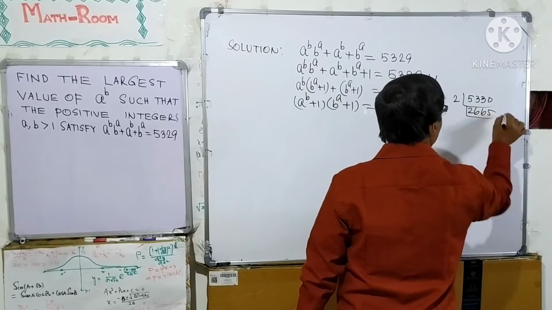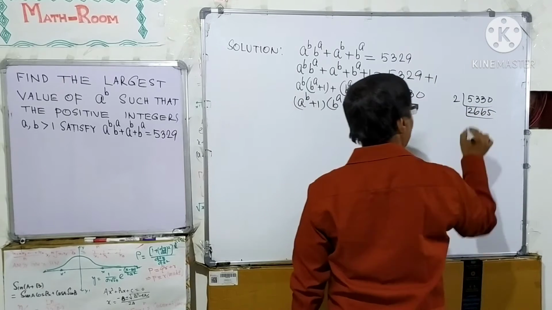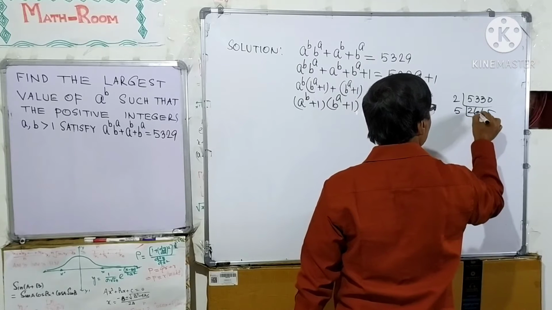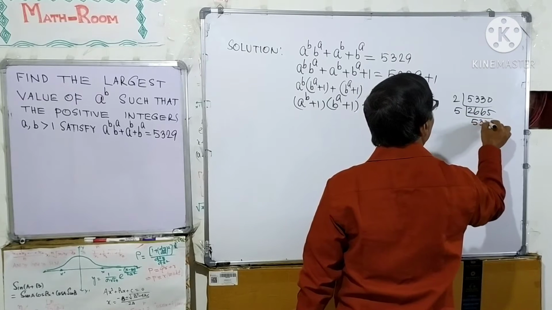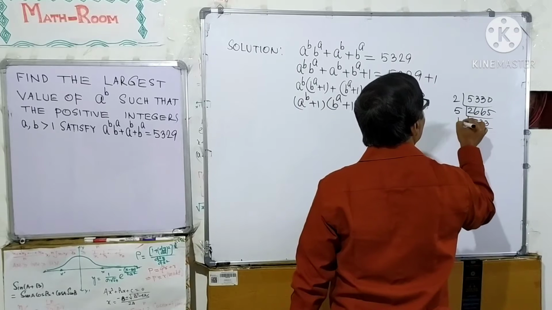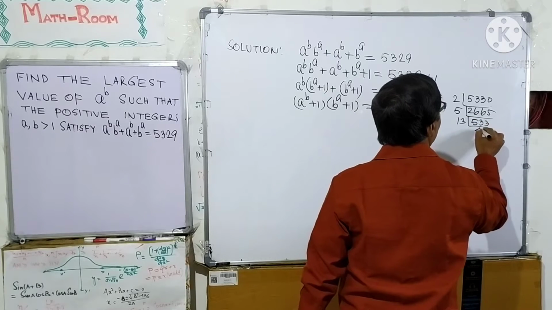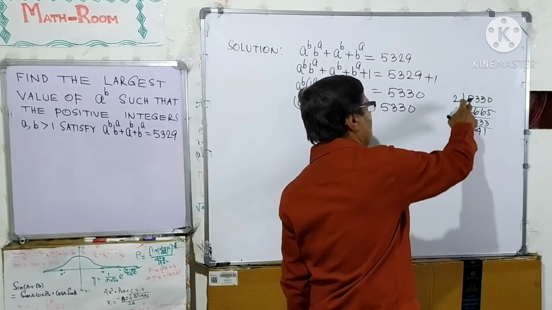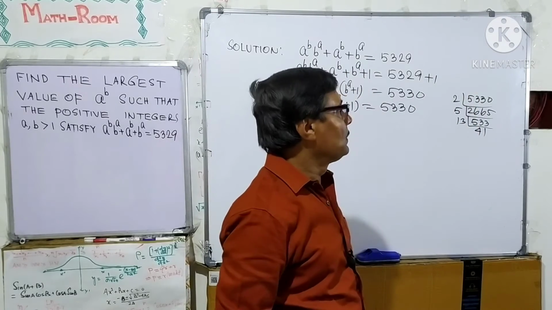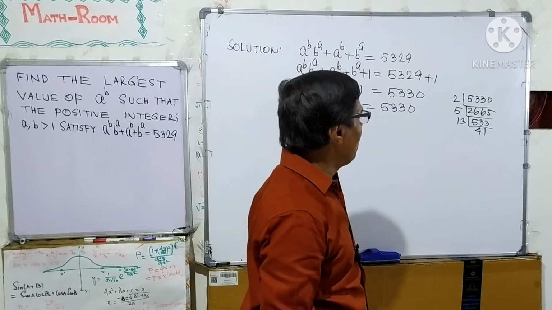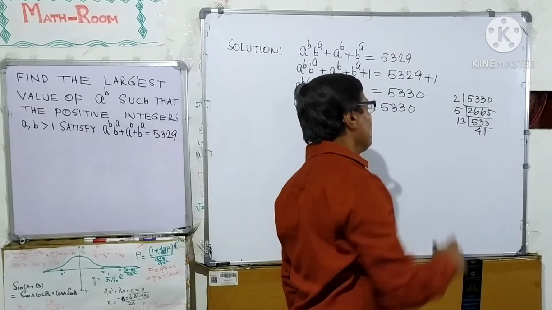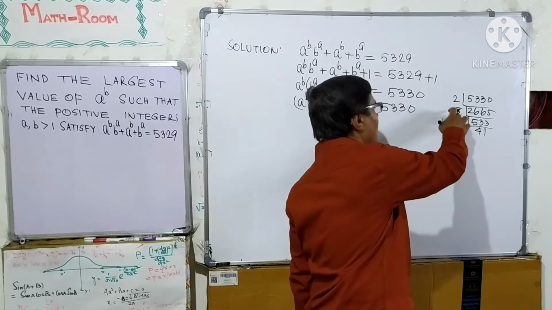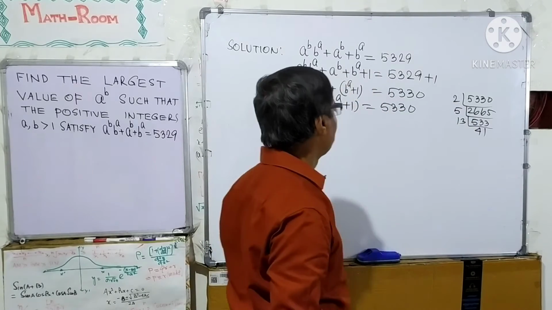and get the quotient 2665, and also we can divide this quotient by 5 and we get 533. Also we can divide this by 13 and get 41. So 5330 has prime factors 2, 5, 13 and 41.